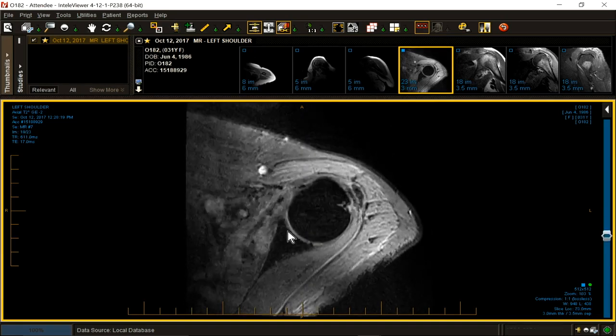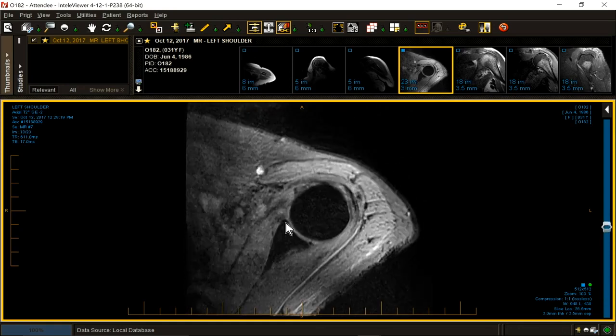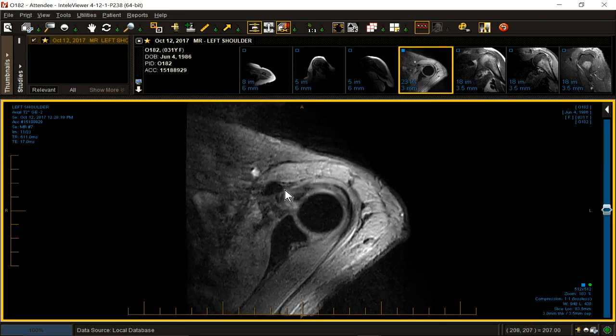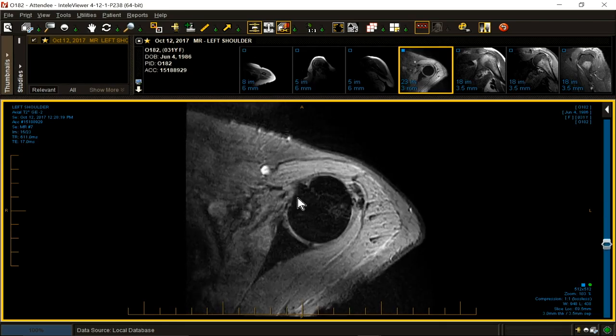The humeral head is centered. The labra are normal. There's very little swelling in the region of the rotator cuff. The coracoid arch is normal. Let's go long axis.